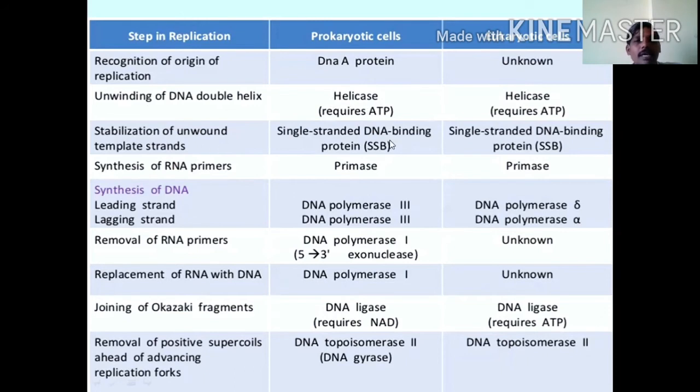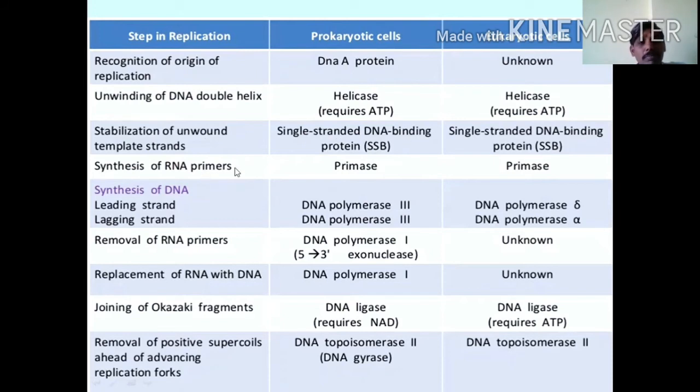Another one is SSB, single stranded binding proteins. These proteins stabilize the DNA molecules in a single stranded fashion and prevent double stranded formation. It is also a must in the replication process.